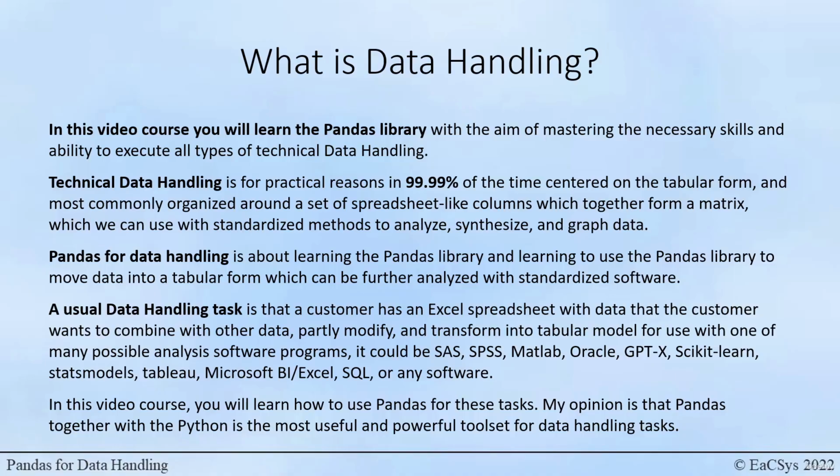It could be SAS, it could be Pandas, it could be NumPy, it could be SPSS, it could be MATLAB, it could be Oracle, it could be GPT-X, it could be scikit-learn, it could be statsmodels, it could be Tableau, it could be Microsoft Business Intelligence or Excel, it could be any type of standard query language, or any imaginable analysis software.